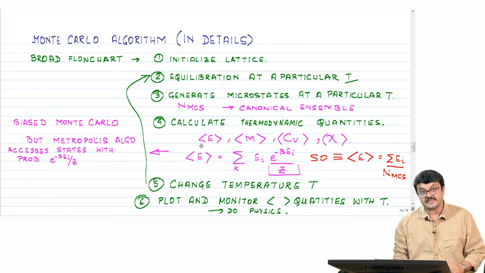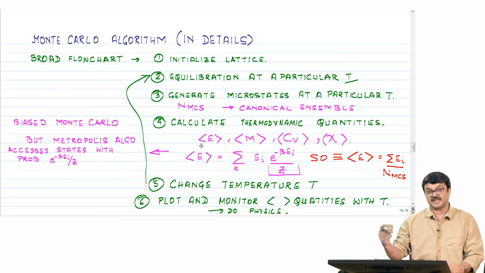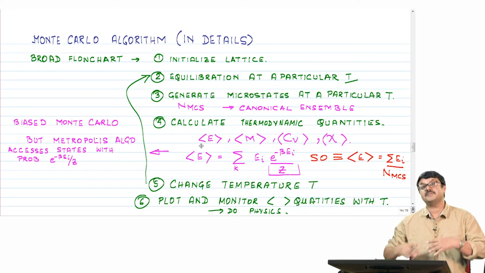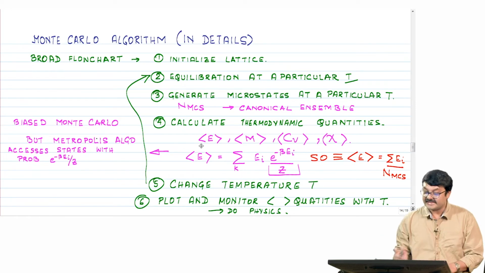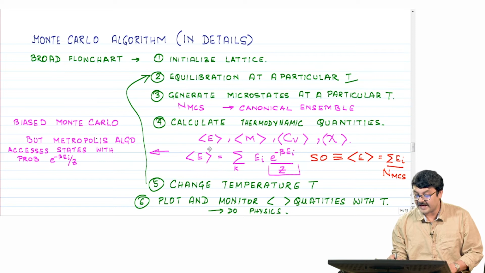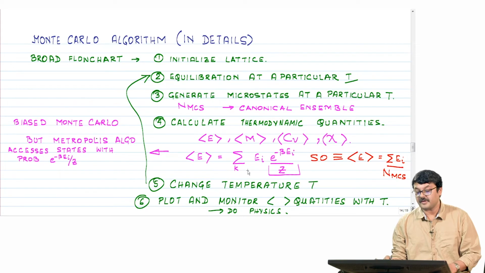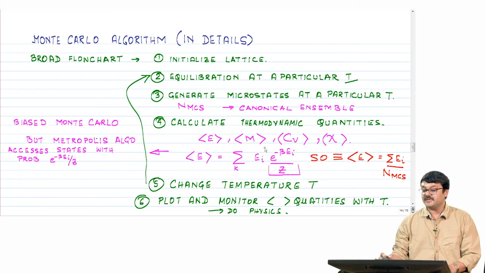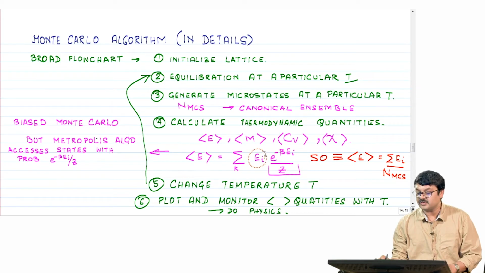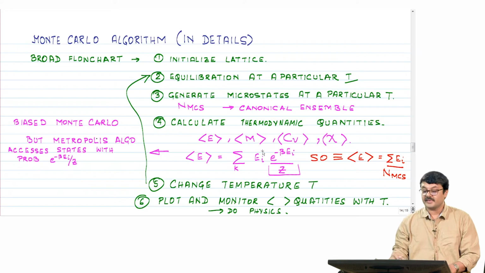Now, how would you calculate these averages? As the system accesses different microstates, different spin configurations, the expression for the average energy here is the summation over different microstates i of the energy of the microstate. So, after every one Monte Carlo iteration, every one MCS Monte Carlo step, there will be a certain configuration of spins in the lattice, which will correspond to a certain value of the energy E_i, right.